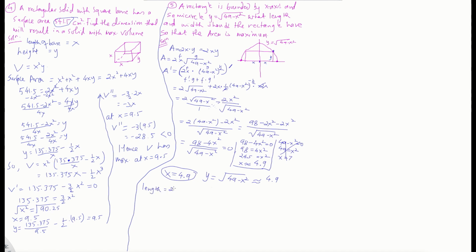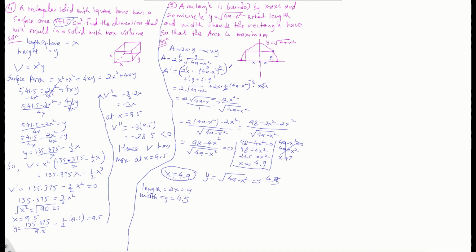Length is 2x, because we said that x is half of that. So that will be 9, and then width is basically the y, right? That is 4. Oh, not 4.9. It is 4.5.